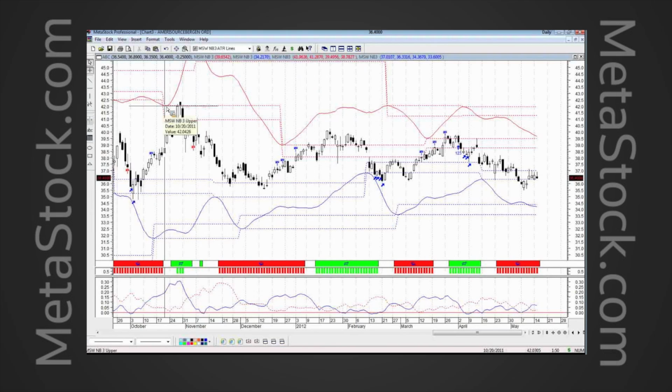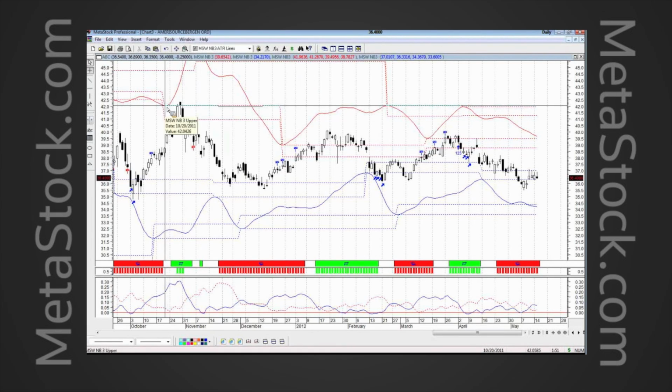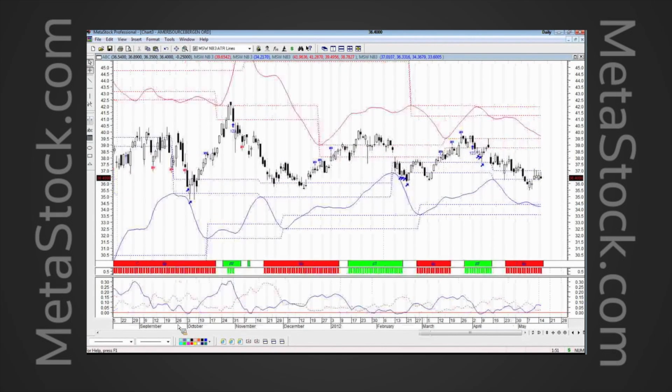Here you have a trend indicator, and it's starting to indicate possibly a trend is breaking out. But I've only got one close above this upper SR line, so I'm going to look for a little bit more.